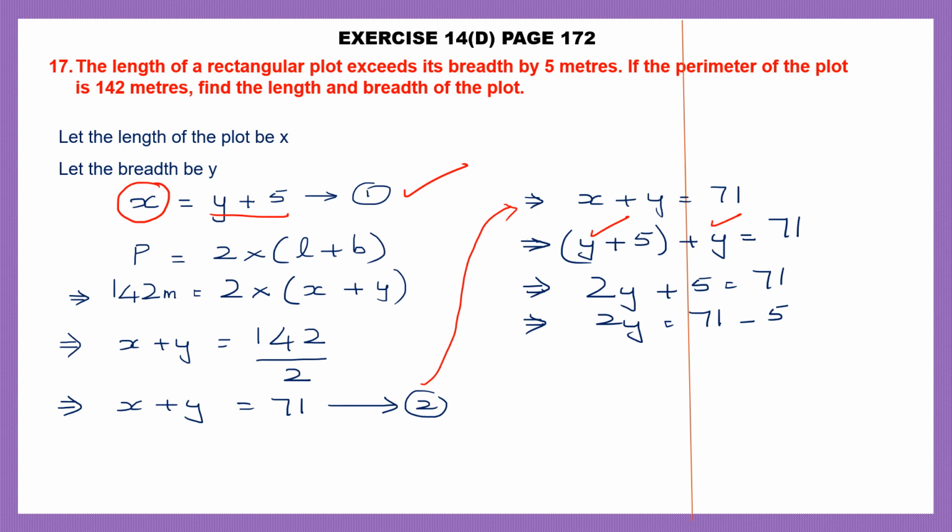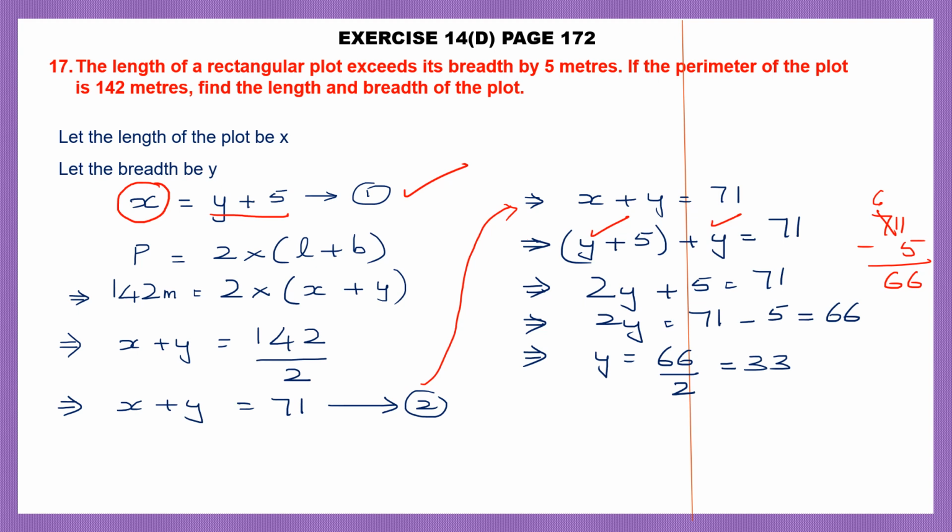Now how much is 71 minus 5? 11 minus 5 is 6 and I have 6 again. So that is 66. 2y is equal to 66. That means y will be equal to 66 divided by 2. 66 divided by 2 is 33.